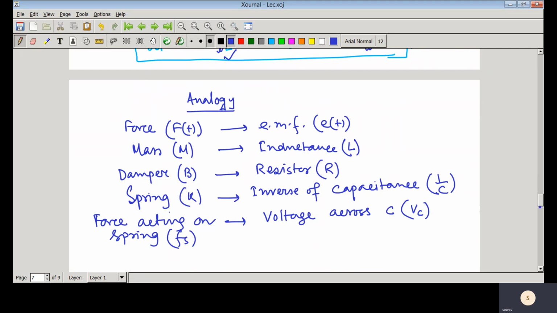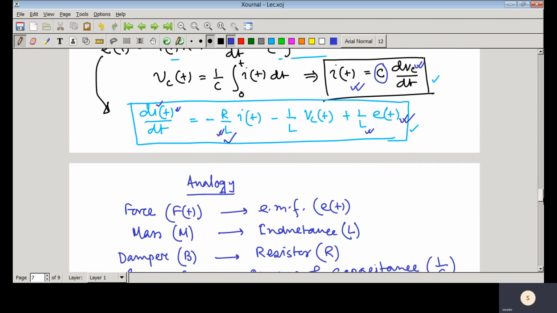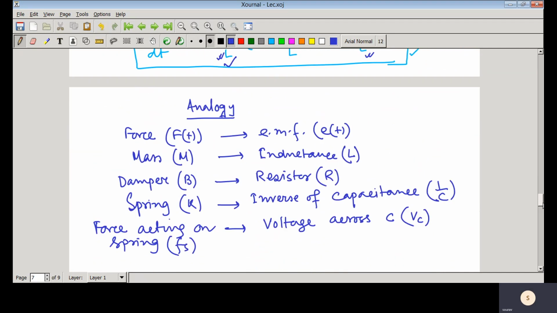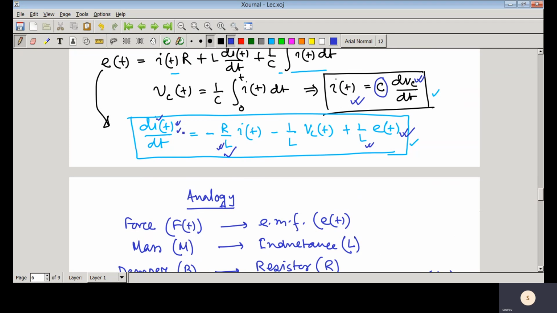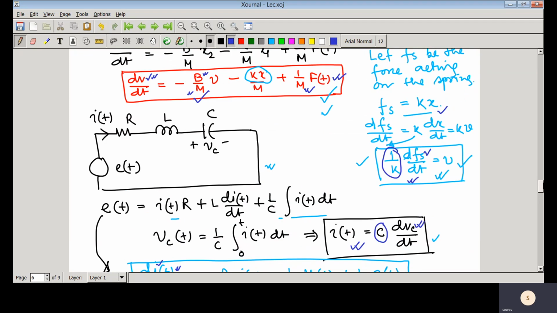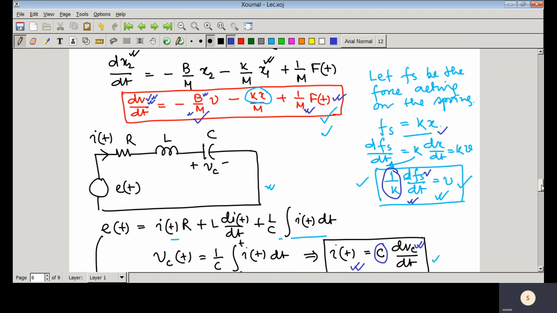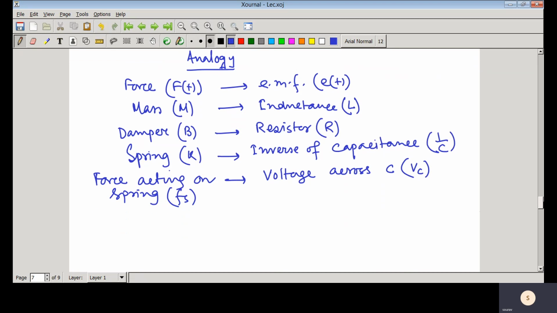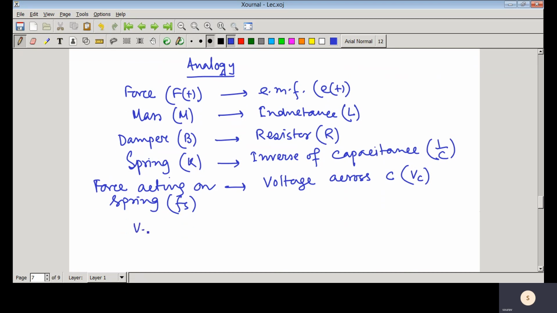And the other one, velocity. If you look at this, that is the current through the inductor, and in the mechanical system, that is velocity. So the velocity v is equivalent to the current through the inductor.